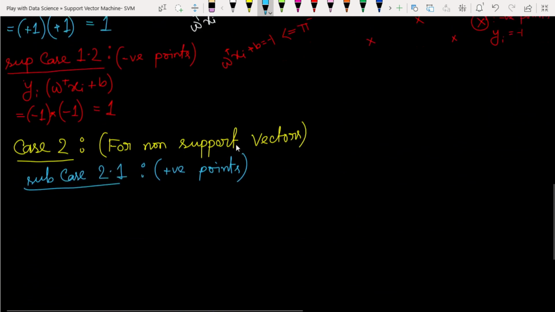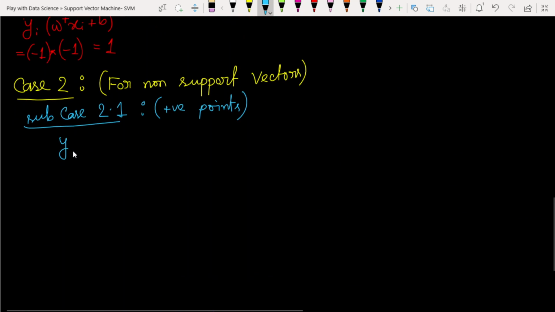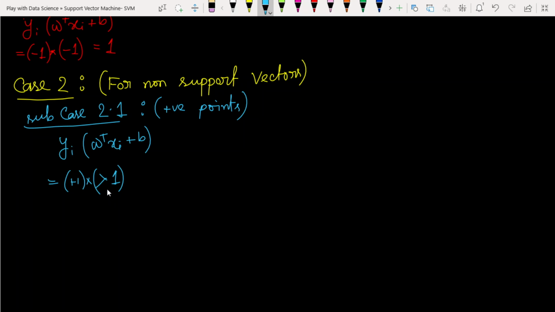So if we calculate yi times W transpose xi plus b for positive non-support vectors, then yi is no problem, +1, but this value is greater than +1. So if you multiply, it will be greater than 1.